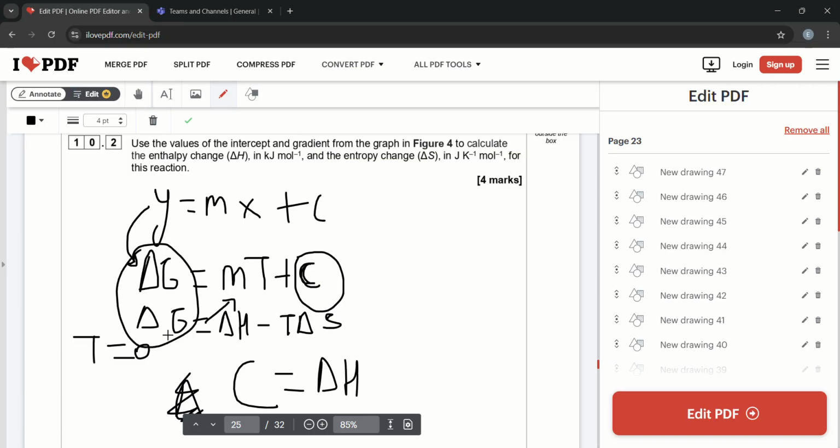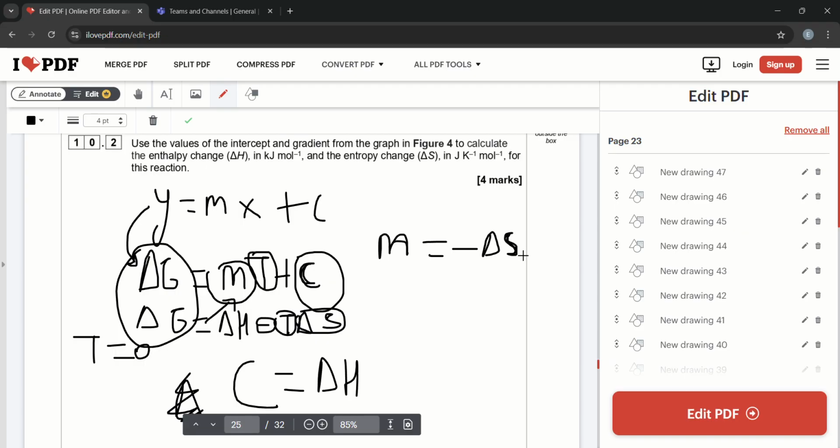They're the same. The T delta S, so this tells me these two are the same. This tells me that delta S is a gradient. Well, it's going to be, because it's negative, so we know the gradient is equal to minus the entropy change.